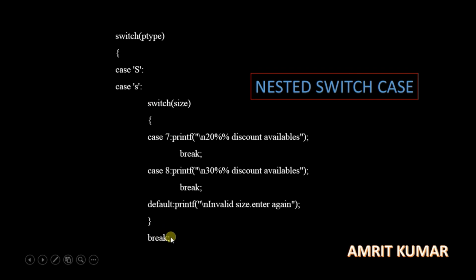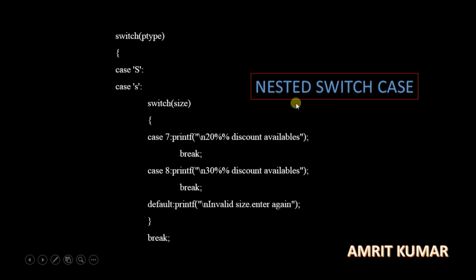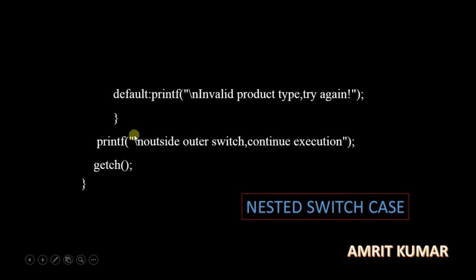and then break. After that I am using the default value. If this switch case is not going to execute, then it will execute this thing, that invalid product type. Okay.